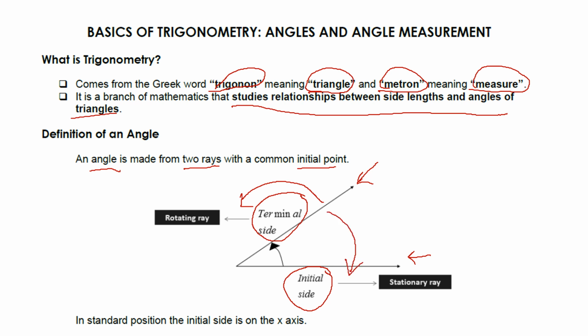In standard position, we say that an angle is in standard position if the initial side is always on the x-axis. This initial side lies always along the x-axis. So that is an angle in standard position.